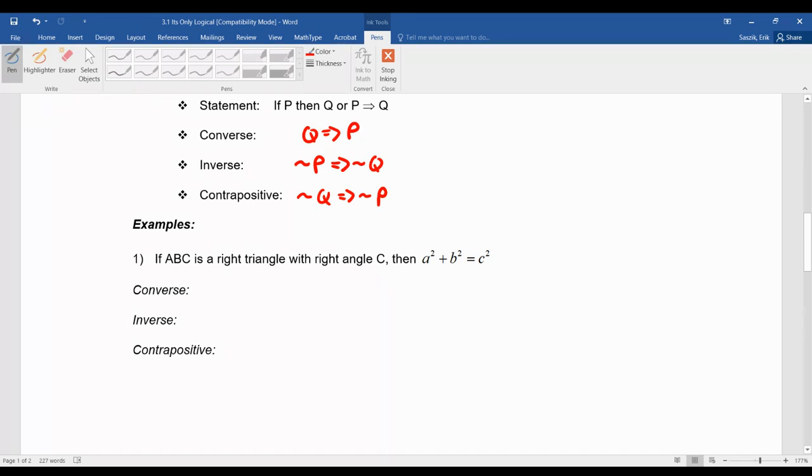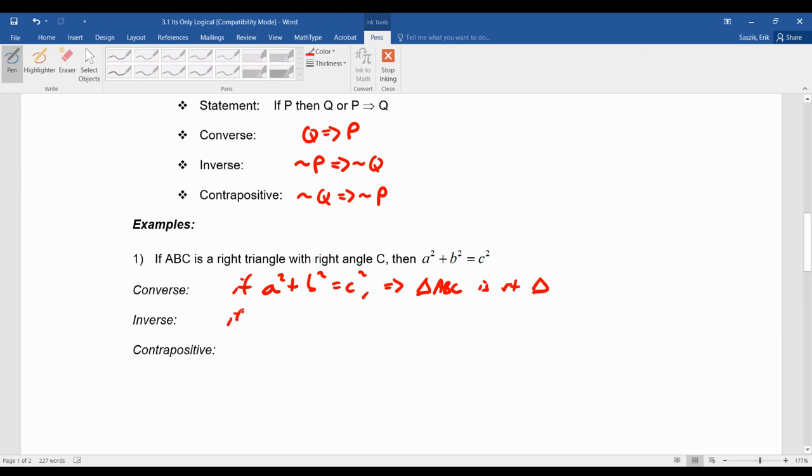So the converse of this one would be if A squared plus B squared equals C squared, then triangle ABC is a right triangle. Again, whether or not that's a true statement, turns out it is true, but that's the converse.